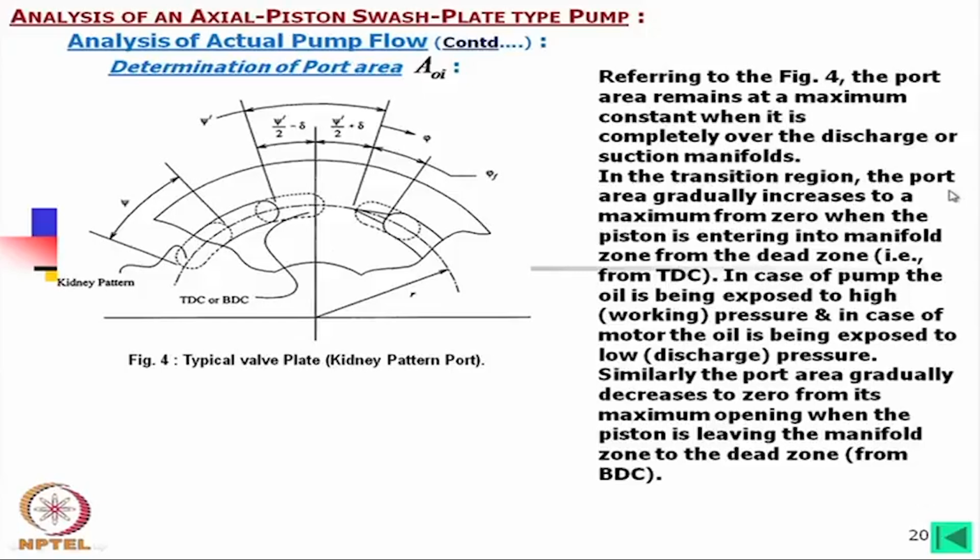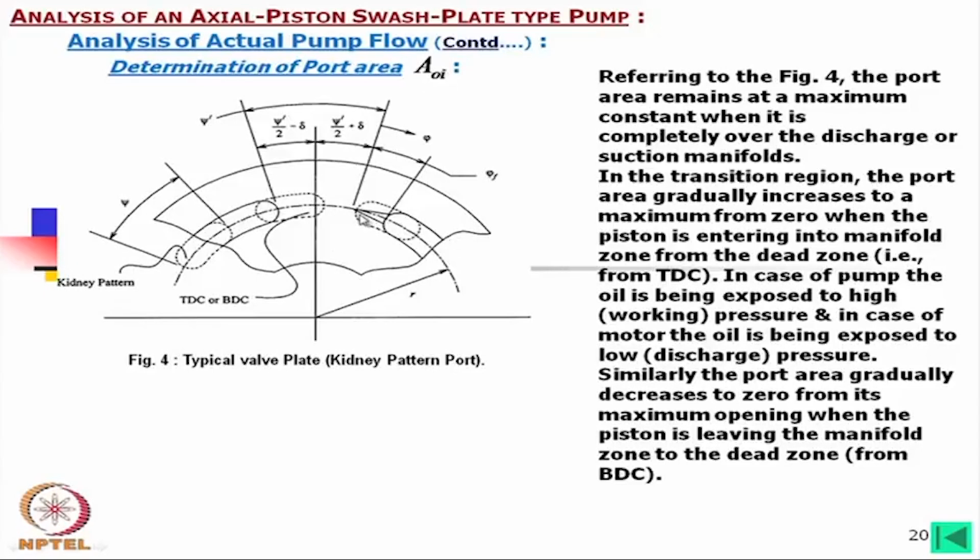In the transition region, the port area gradually increases from 0 to a maximum when the piston is entering the manifold. But keep in mind the length of this kidney port is more than this silencing groove.